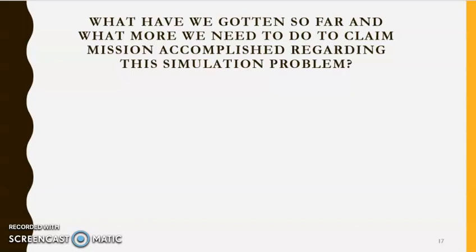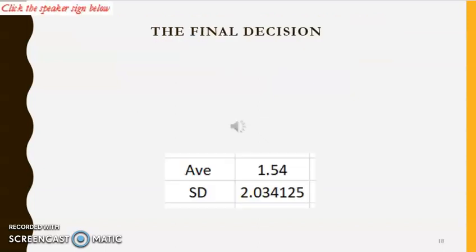So now again, we need to go to the Excel file, but I have the results here. As you can see, the average, according to the calculation I have, is 1.54. Standard deviation is not important here. And I'm gonna also do the calculation with the Excel file I have.